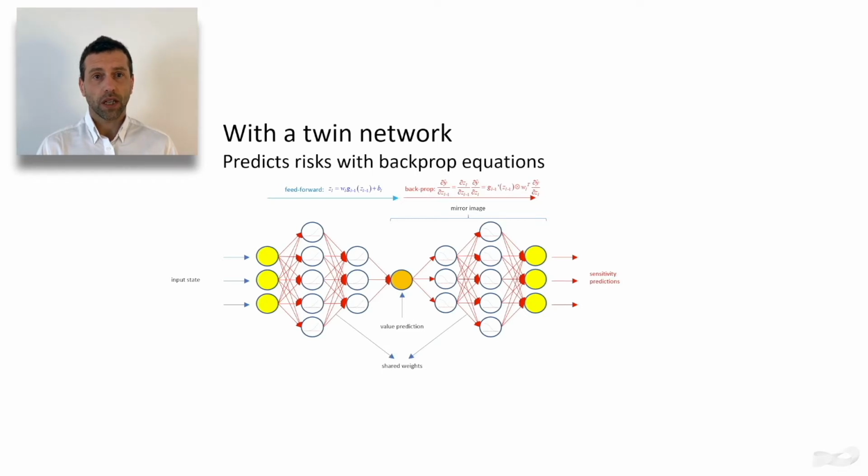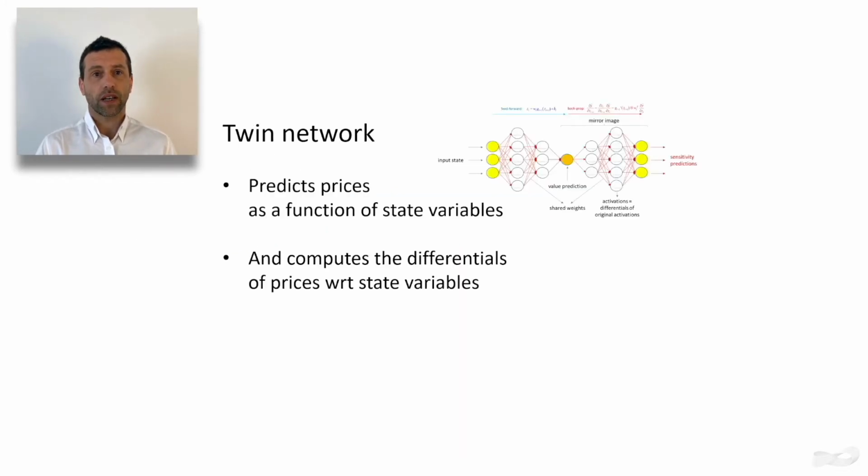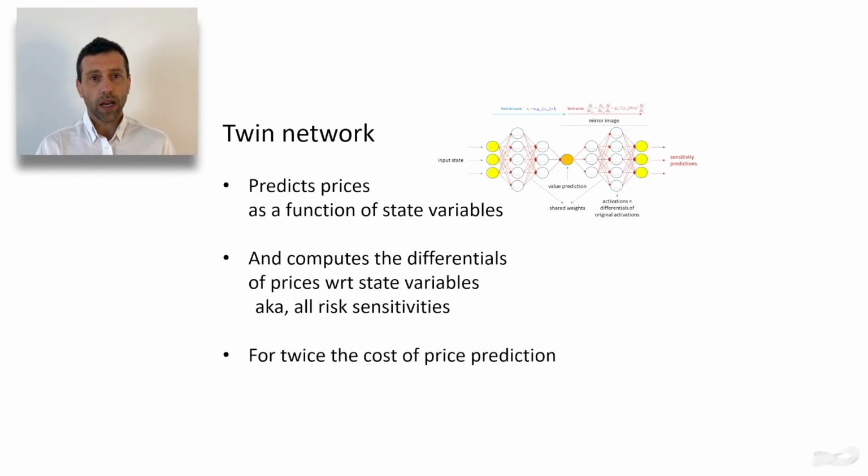Like feed-forward induction, backprop applies a sequence of matrix by vector products activated with a differential of the activation in the original network. The twin network predicts prices and computes their sensitivities to the input state variables, aka the risk sensitivities, in just one combined computation for twice the cost of price prediction alone, even when we compute hundreds of thousands of sensitivities to that many state variables.